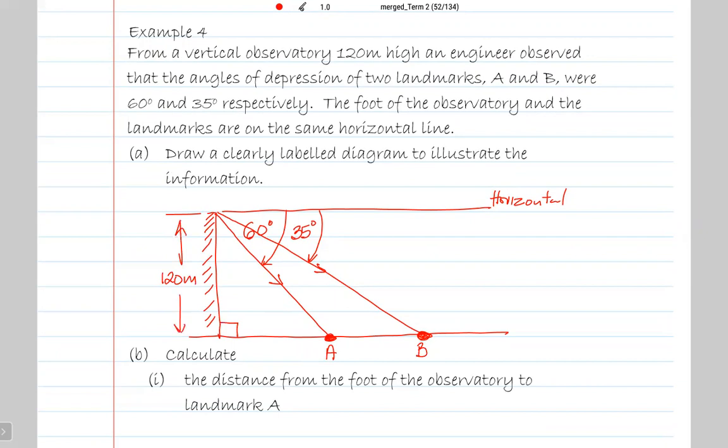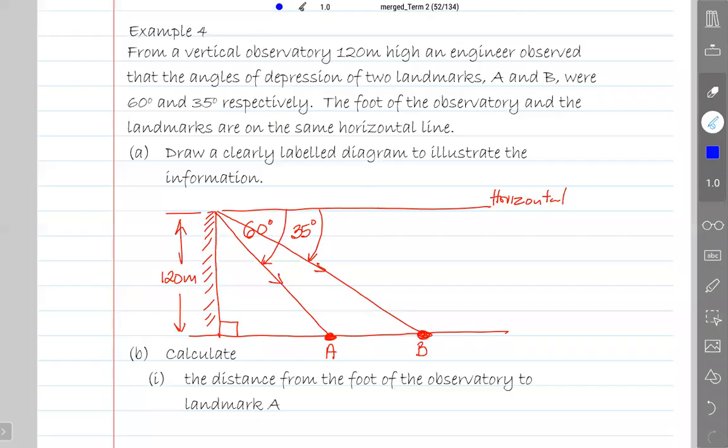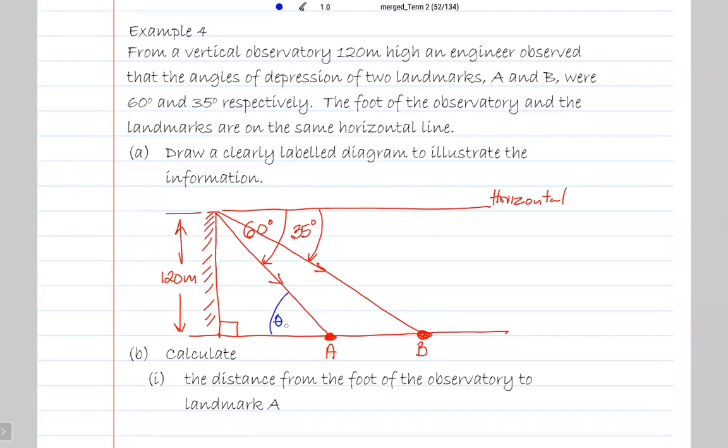I'd point out that this angle here, which I'm going to call theta, is also 60 degrees. And this angle here, which I'm going to call alpha, is 35 degrees.